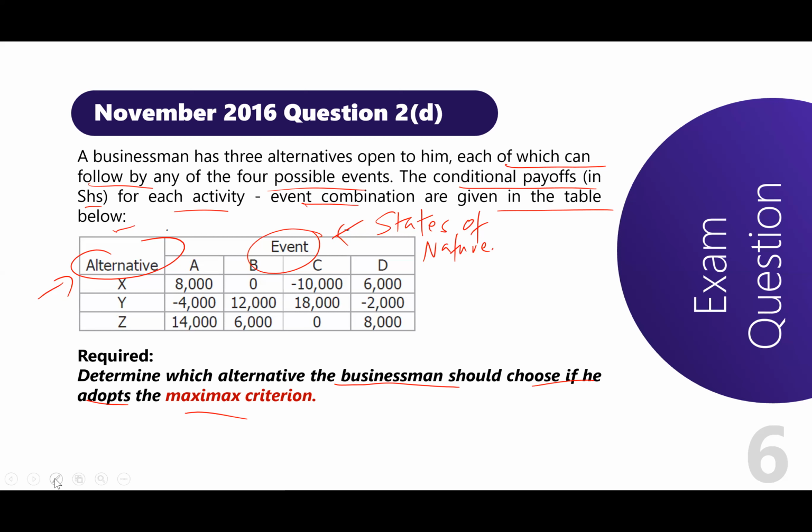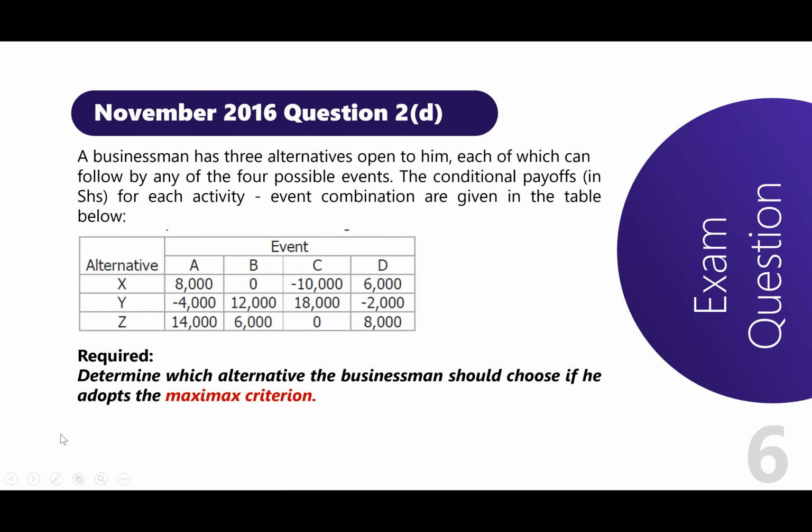So what we are going to do, we are going to look at this table under the different events and then select the maximum. So for alternative X, we have 8,000 under A, 0 under B, -10 under C, 6,000 under D. So for alternative X, the maximum you can get is 8,000.